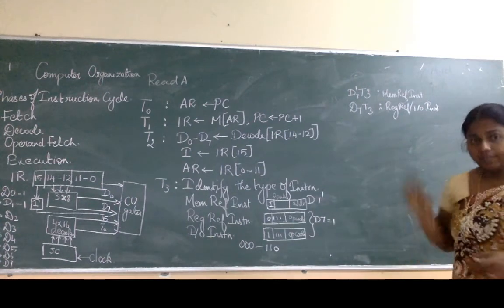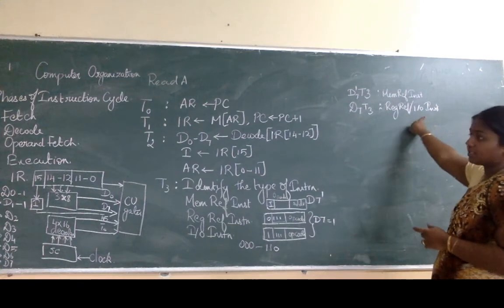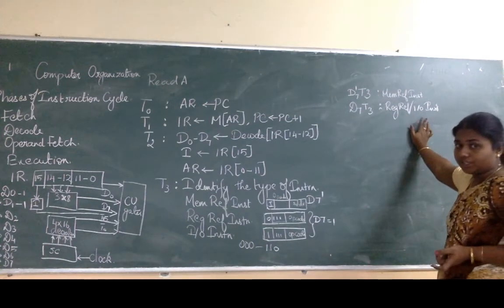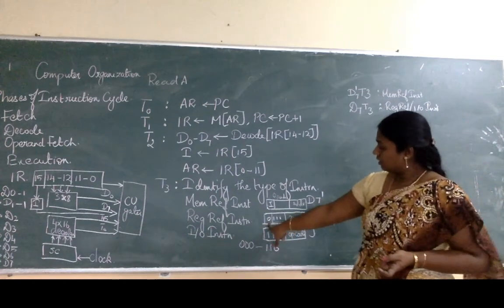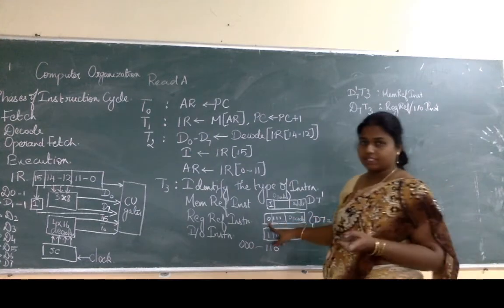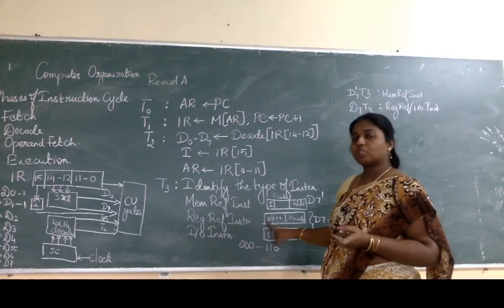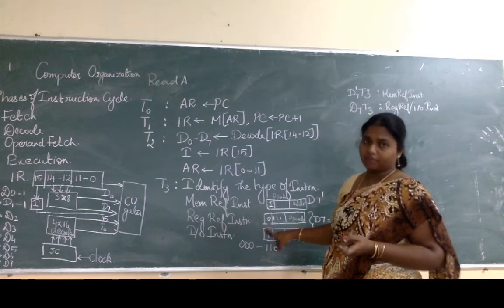Okay. Now I have to identify whether it is exactly a register reference instruction or an IO instruction. How do I do that? I have to look into the MSB of the instruction register. If the most significant bit 15 is 0, it's a register reference operation.